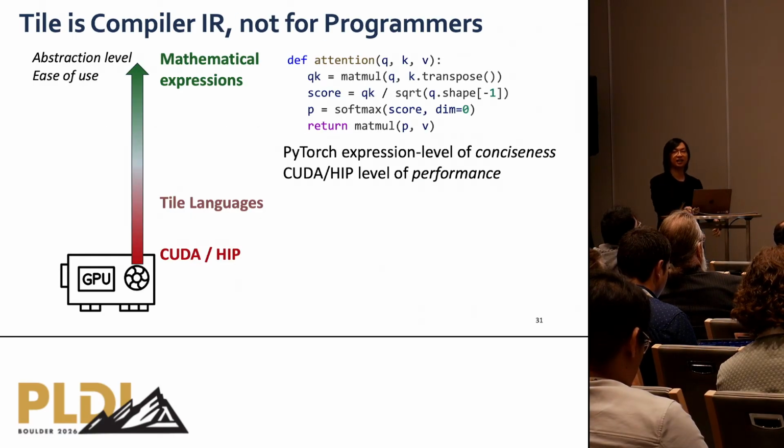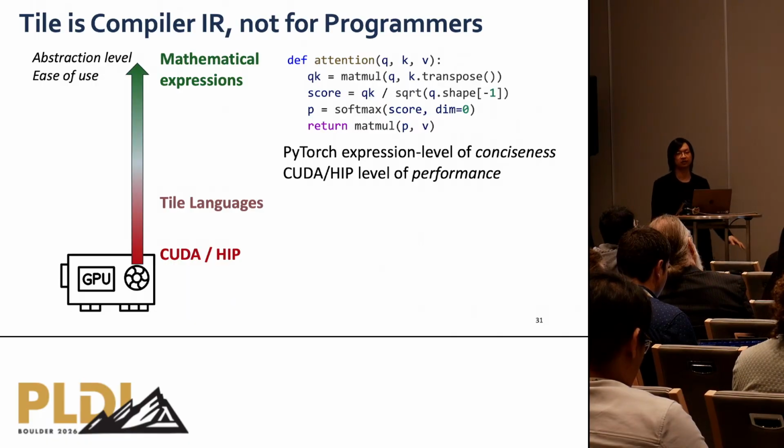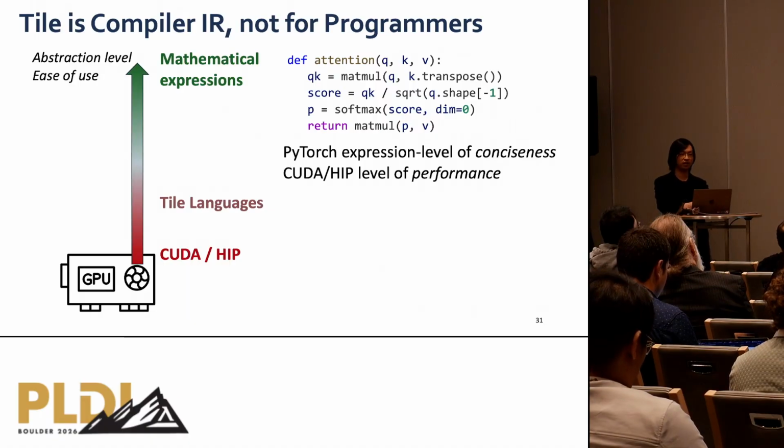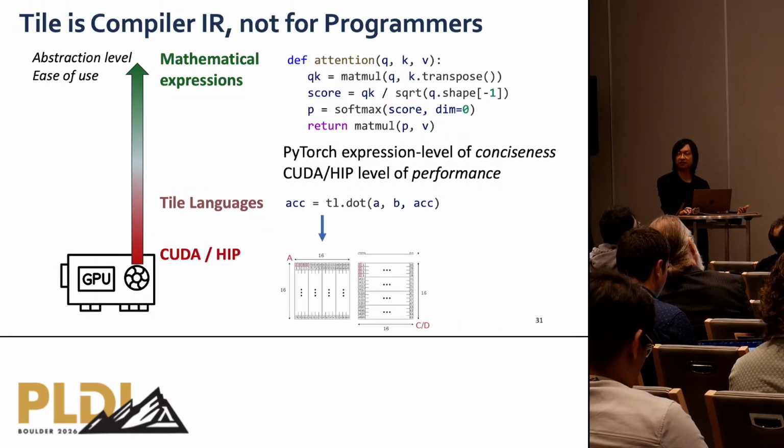So the position we take in Neptune is that we want programmers to start from mathematical expressions, not write tile kernels, but then we want the compiler to be able to bring the mathematical expression all the way down to CUDA-expert level of performance on the hardware. That is asking a lot of the compiler, so we want to get all the help we can get, including reusing existing tile compilers in our pipeline. That is why we made this design decision.